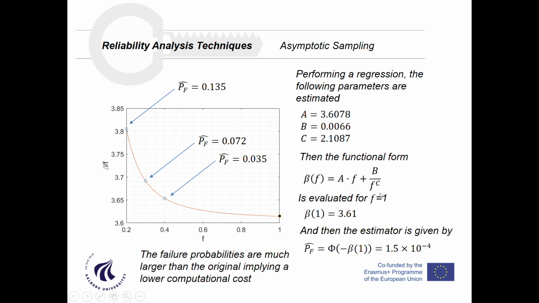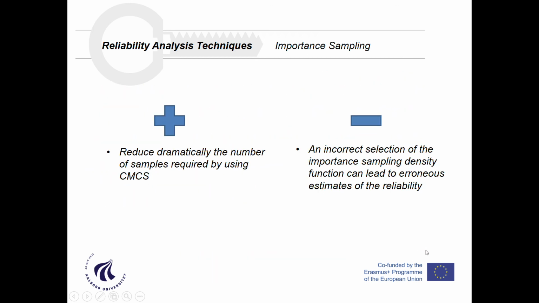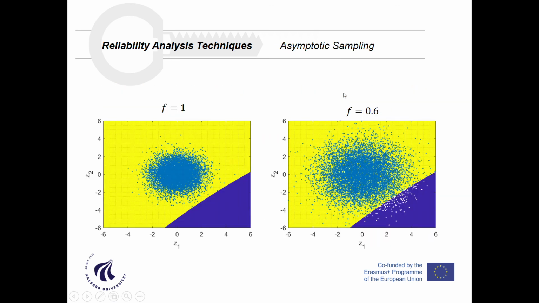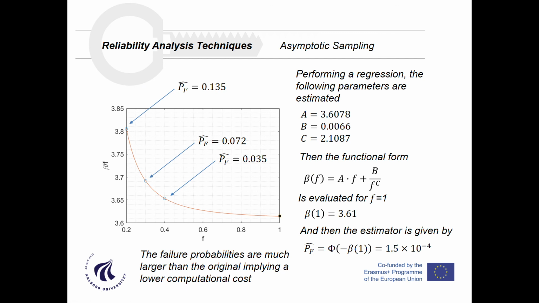And then when we evaluate for f equal to 1, we're going to obtain beta equal to 3.61. And the estimator then will be given by this expression here, 1.5 times 10 to the minus 4. And the original one was pretty much close to that. Maybe there is a difference in the decimals, but it's pretty much the same.